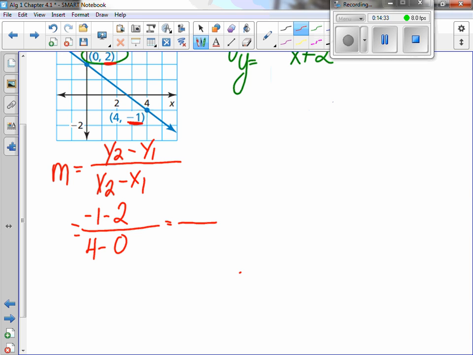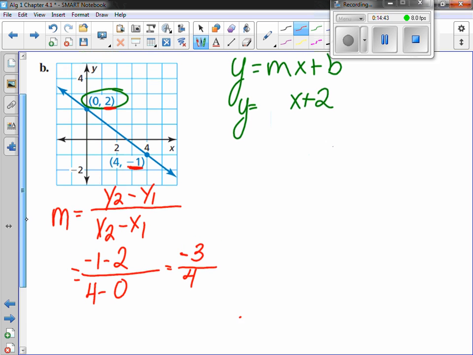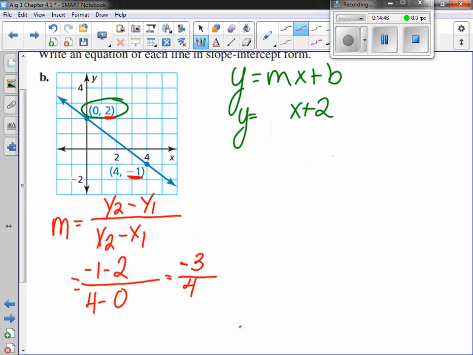Now, what is negative 1 minus 2? Well, negative 1 minus 2 would be negative 3. 4 minus 0 is 4. Will negative 3 over 4 reduce? No. So that's our slope.